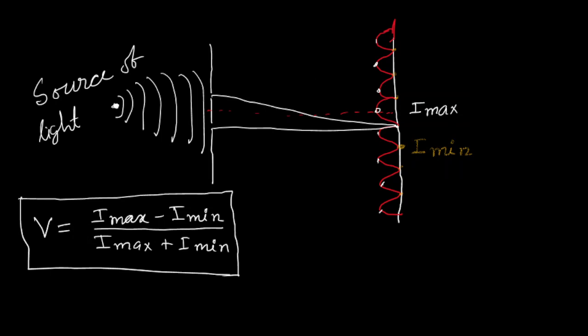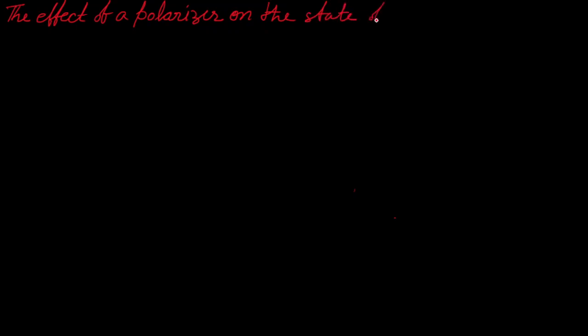Okay, so this is one concept we are going to use here. And the second concept we are also going to use is the effect of a polarizer on the state of polarization of a linear polarized light.